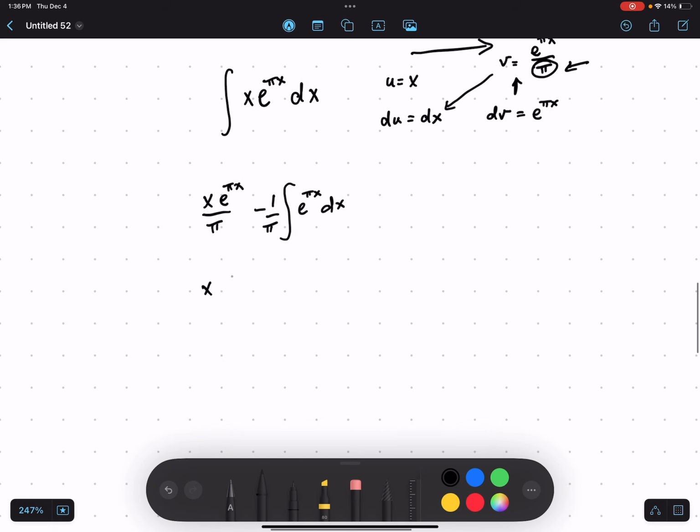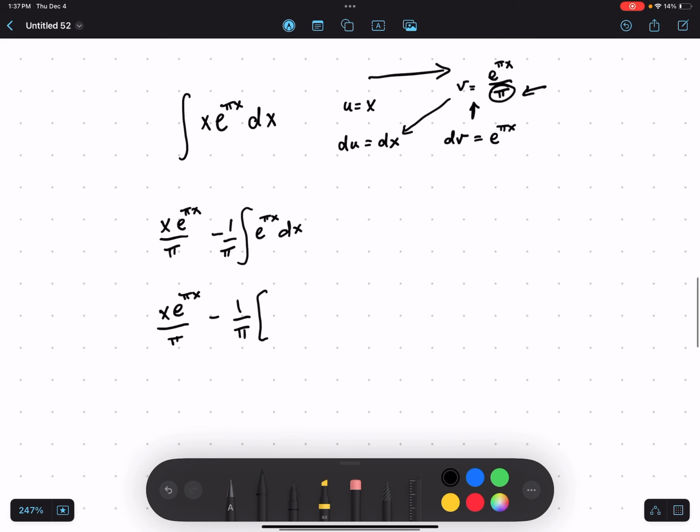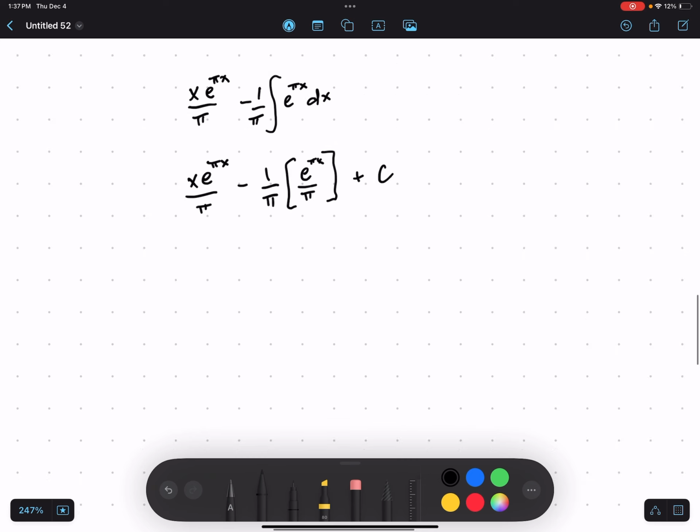Next, we just follow this down: x e^(pi x) over pi minus 1 over pi times the integral of e to the pi x, which we've already done. It's right here. That happens quite often with integration by parts. So we'll just pop this integral in here: e^(pi x) over pi. And then since this is an integral with no bounds, we're going to add a plus c. Add that constant at the end there.